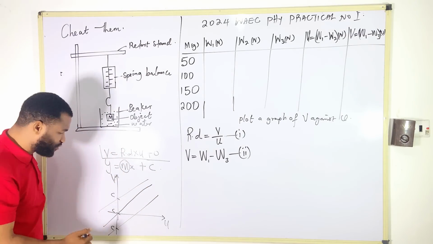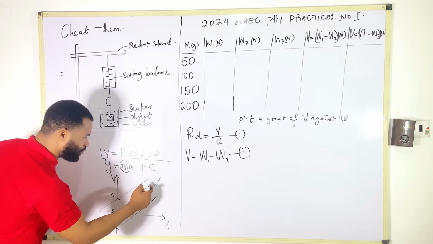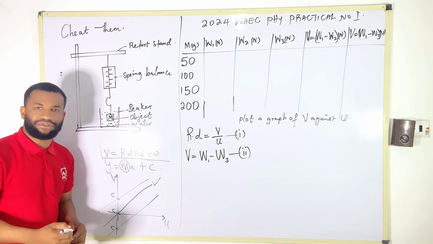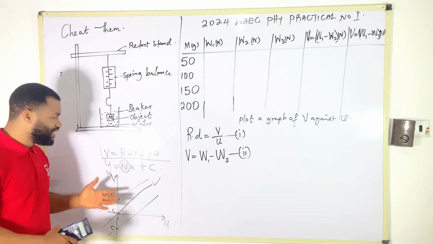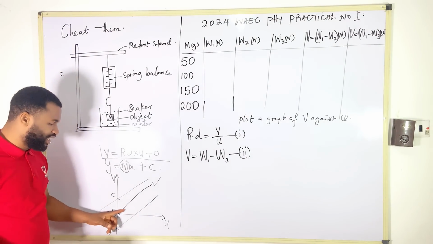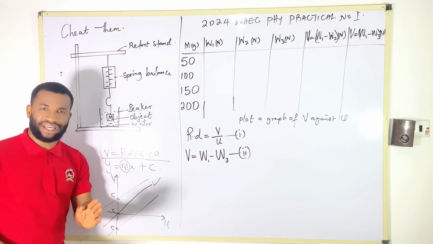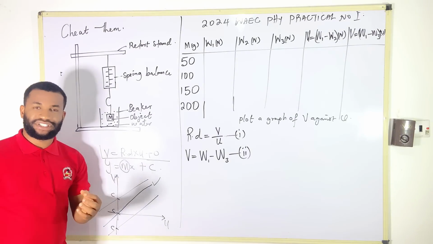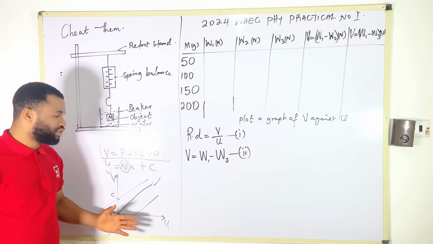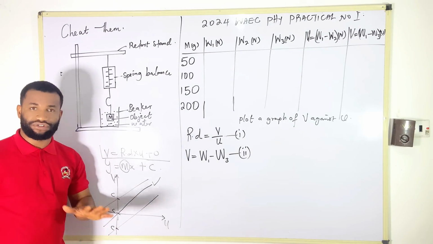Therefore, our graph is going to pass through the origin. Or sometimes mistakes can occur because human beings are full of errors. It may not pass exactly at that zero, so you need to maintain a very high accuracy in order to plot your graph the way it should be.